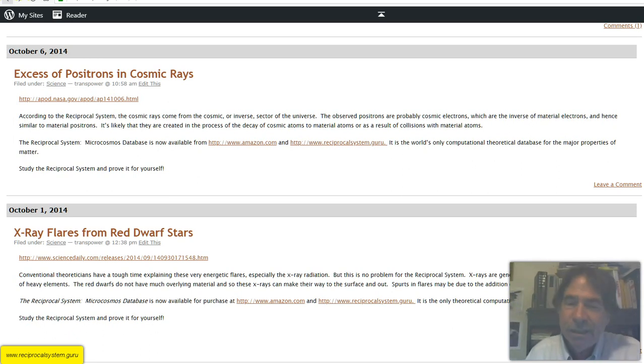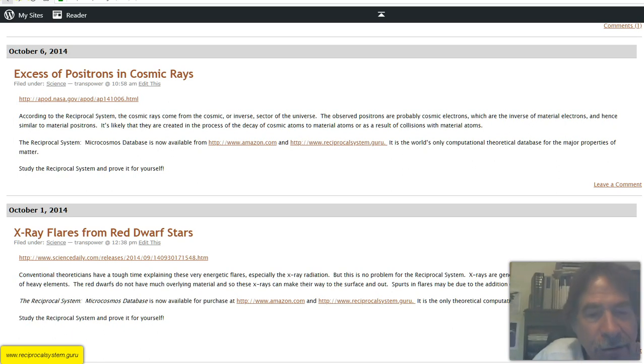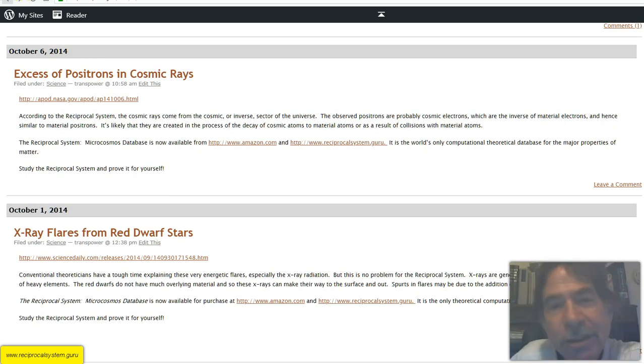It's actually fission of heavy elements in the center. Stars have a gravitational segregation, so the heavy elements go down into the center of the star. The lighter elements stay above. The red dwarfs do not have much overlying material, and so these X-rays can make their way to the surface and out. Spurts and flares may be due to the addition of a new heavy element fissioning.